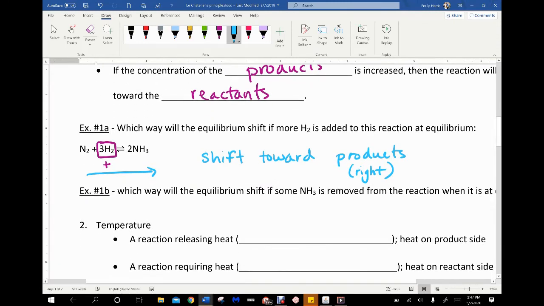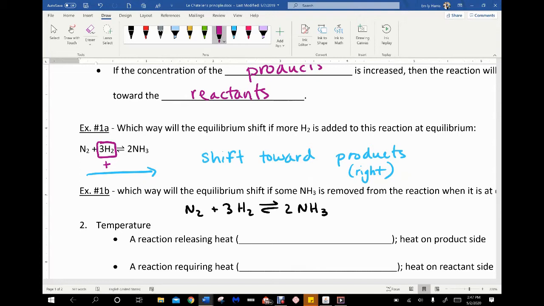Now, it gives us another scenario here where instead of adding hydrogen, what it wants us to do is remove some of the product NH3. Now, what we're doing is taking away from the product side.